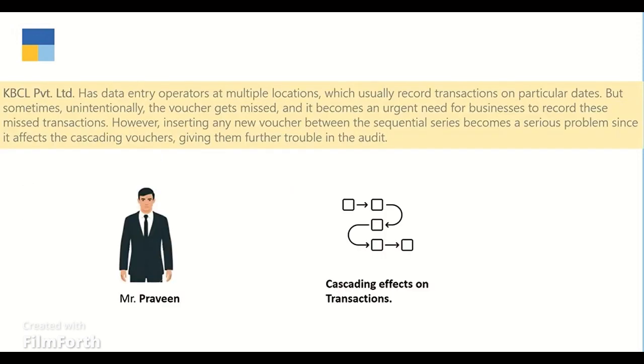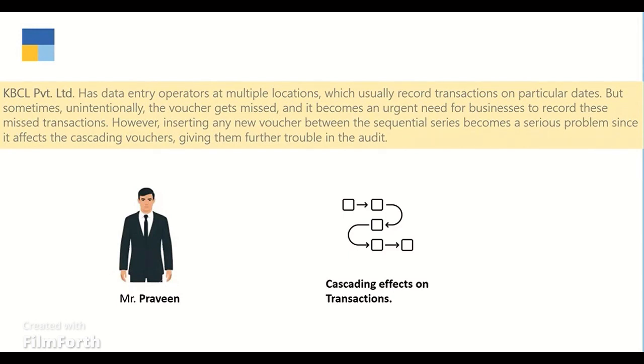With one use case, for example, KBCL Private Limited has data entry operators at multiple locations, which usually record the transactions on particular dates. But sometimes unintentionally, a voucher gets missed, and it becomes an urgent need for the business to record these missed transactions.